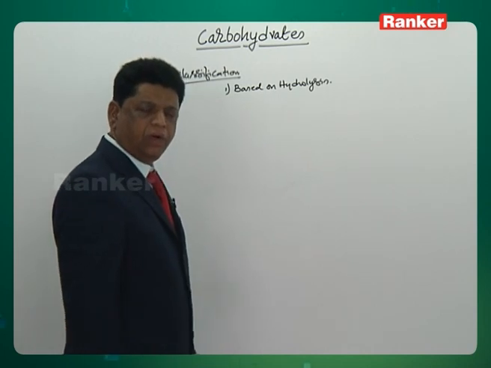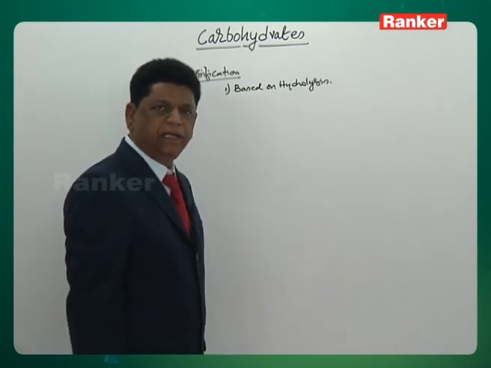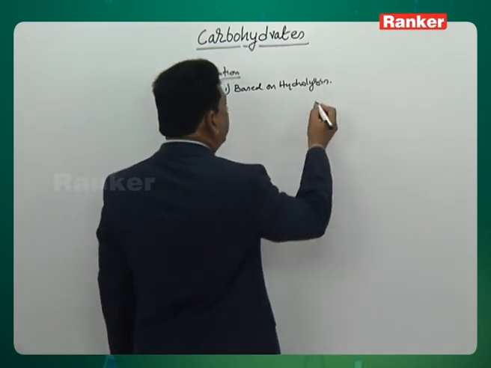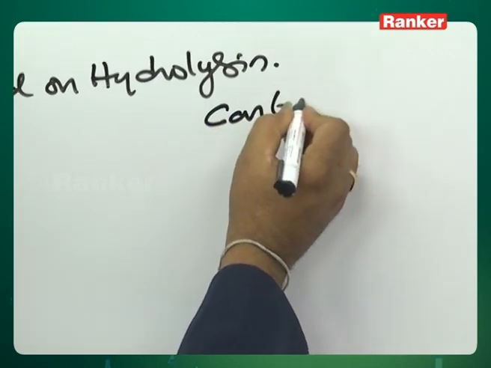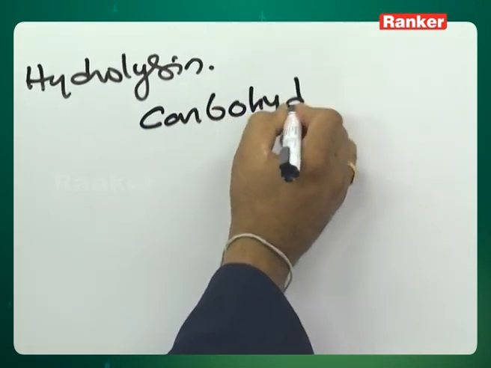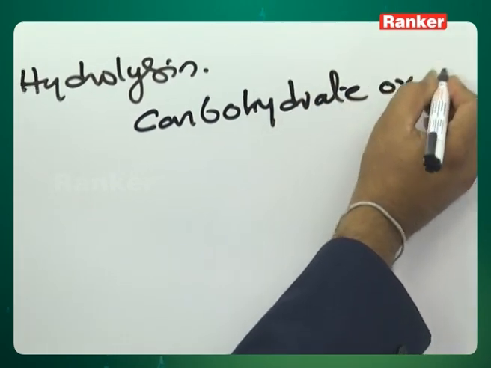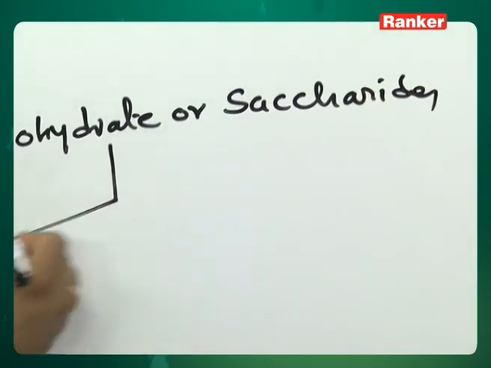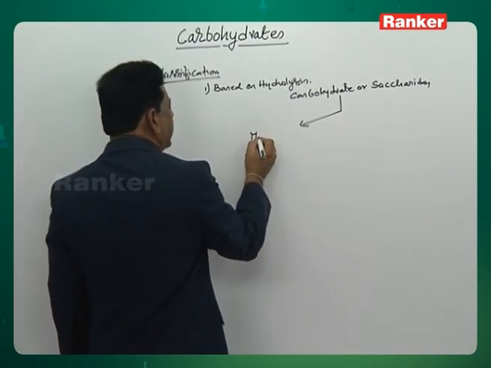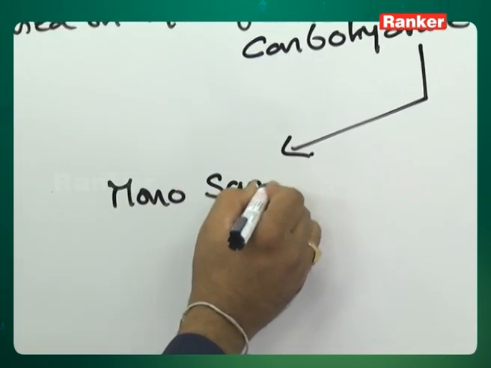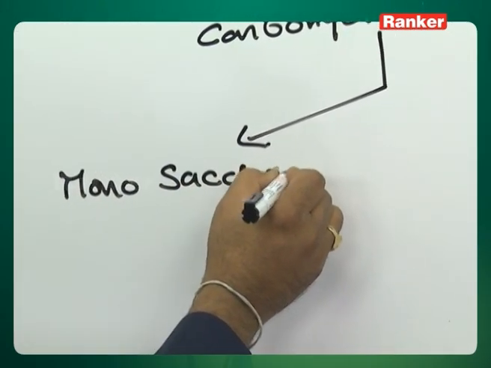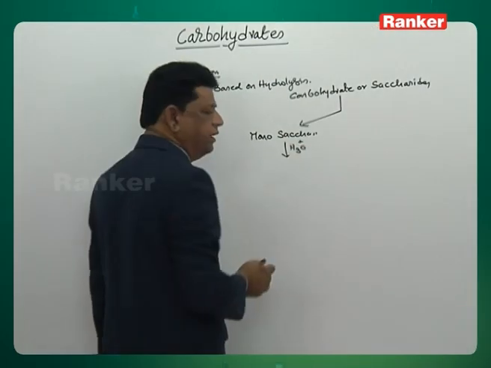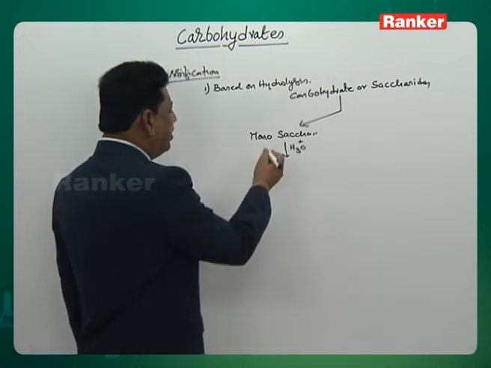The compound which on hydrolysis will not break further into pieces is called a monosaccharide. Carbohydrates are also sometimes referred to as saccharides. The first base is called monosaccharides. Monosaccharide means that on acid-catalyzed hydrolysis there is no further hydrolysis.